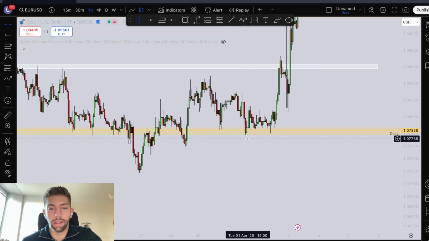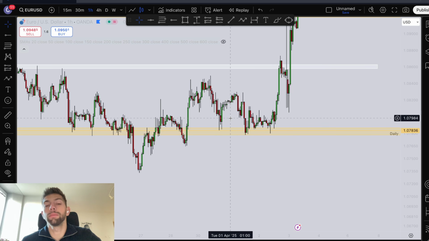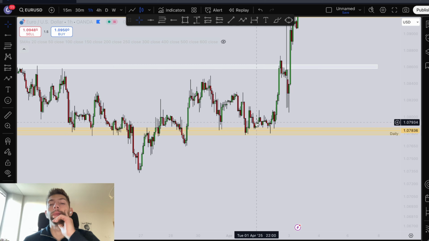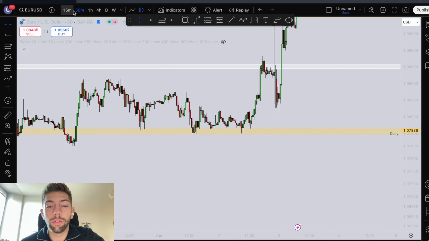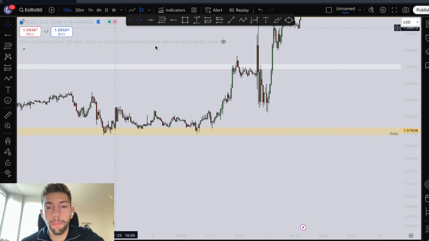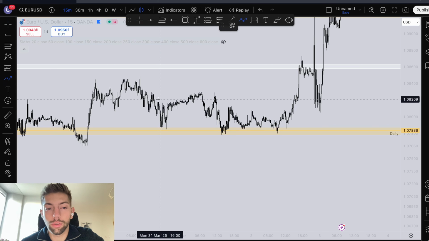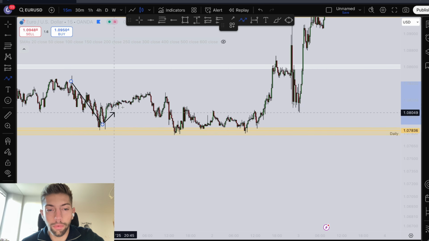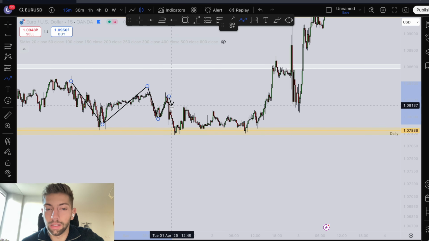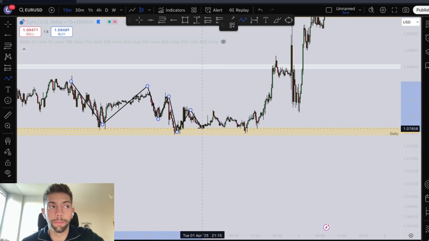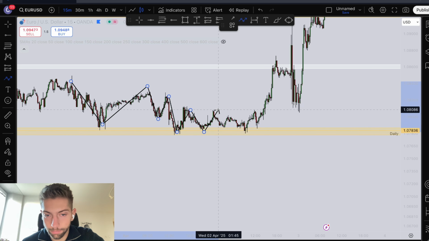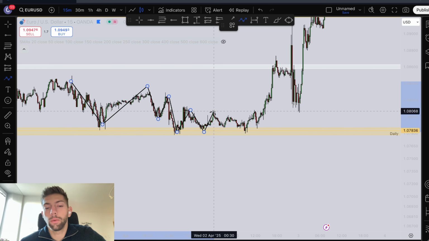I was waiting for the right moment to happen, because if we drop down to M30 or M15, you can see that price was doing a downtrend, like a little counter trend on the major uptrend.